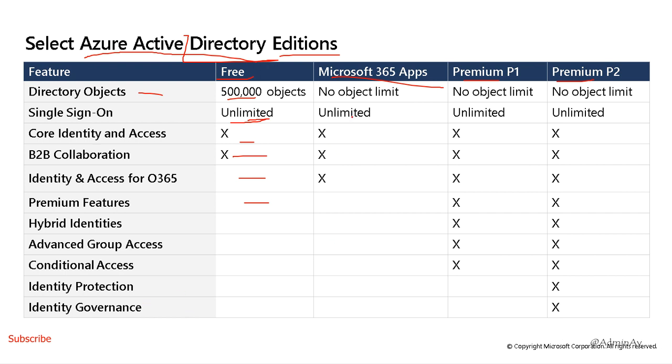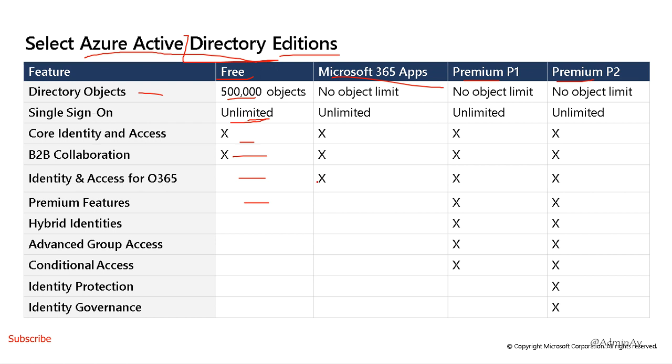Meanwhile, the Microsoft 365 apps subscription here has no object limits, also has single sign-on capability, and also has core identity and access, as well as business-to-business collaboration, and also identity and access for Office 365, but has none of the other features listed in here.